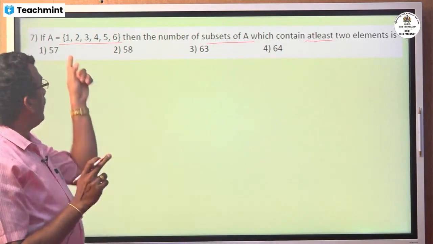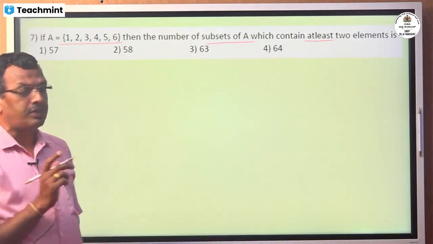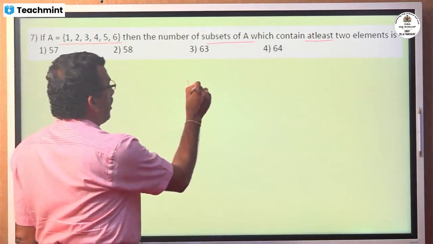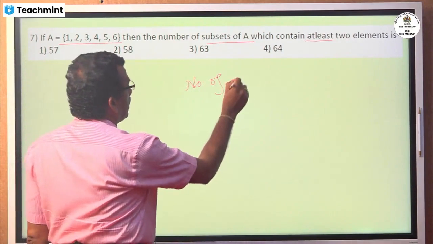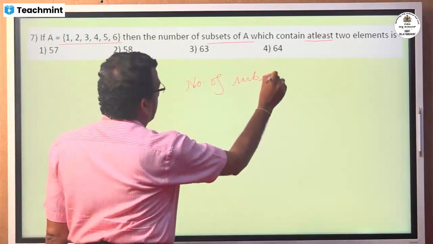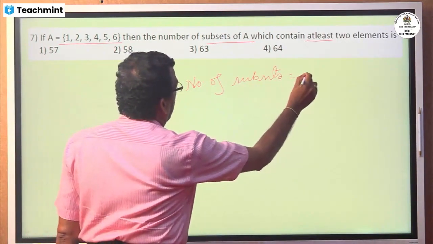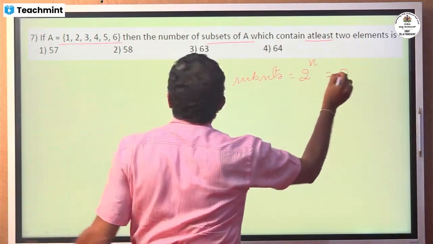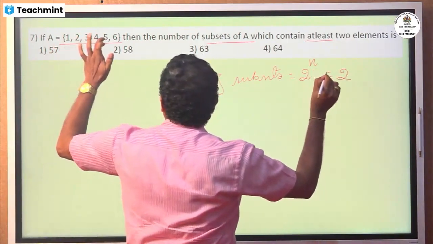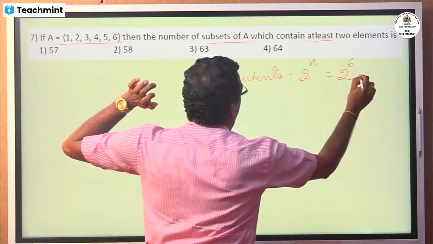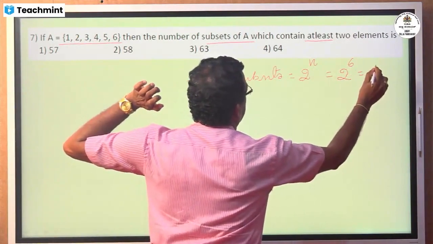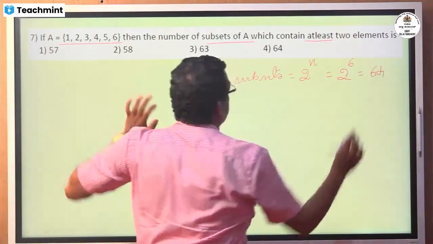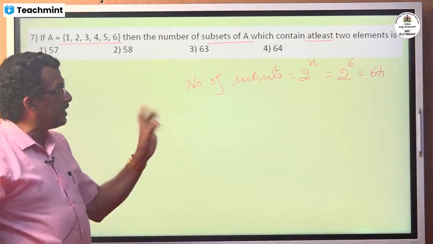Now, when I calculate the number of subsets, you know that number of subsets, ಆ ಕಾನ್ಸೆಪ್ಟ್ ಹೇಗೆ ಚೇಂಜ್ ಆಗ್ತಾ ಹೋಗುತ್ತೆ ನೋಡ್ಕೊಳ್ಳಿ. The number of subsets is always equal to 2 to the power of n. 2 to the power of n is 1, 2, 3, 4, 5, 6. 2 to the power 6. 2 to the power of 6 is 64. ಉತ್ತರ ಅಲ್ಲ, 64 is number of subsets.